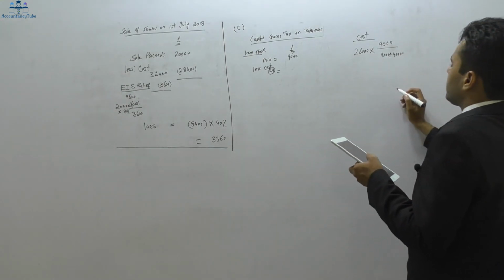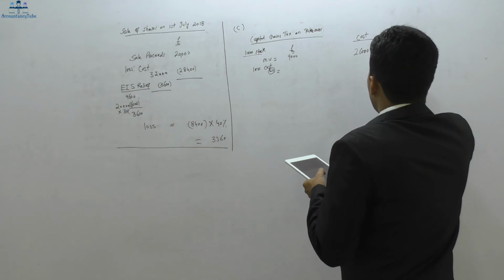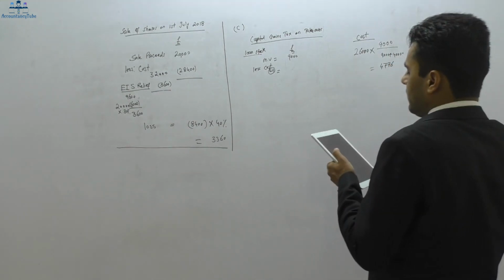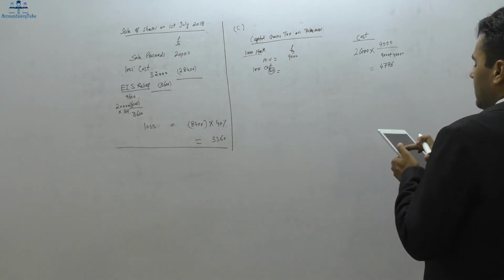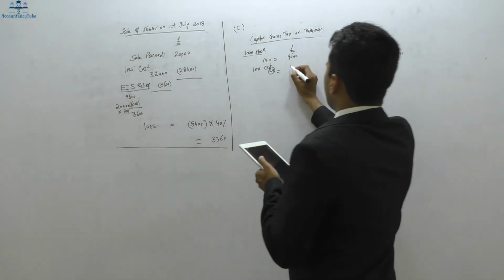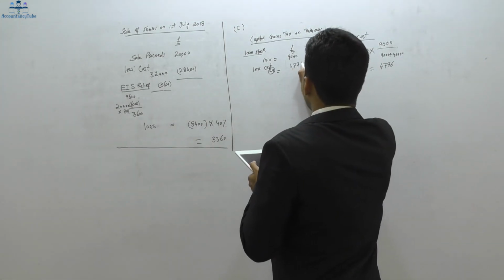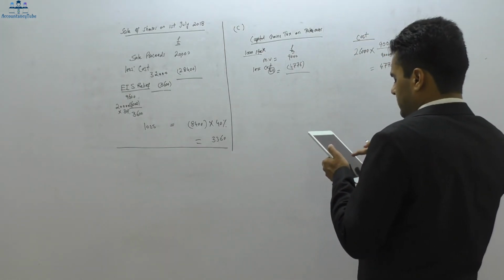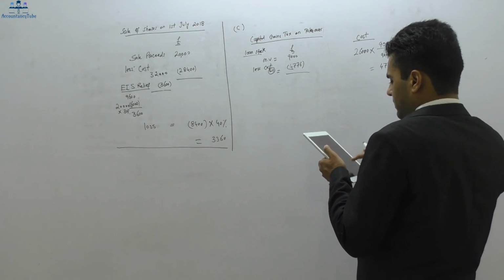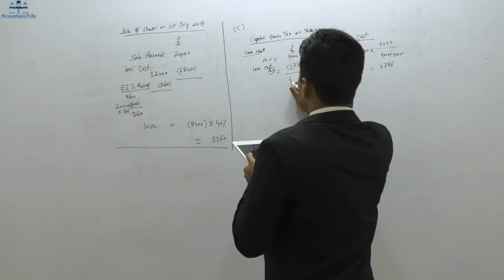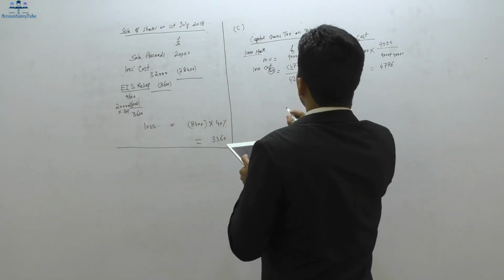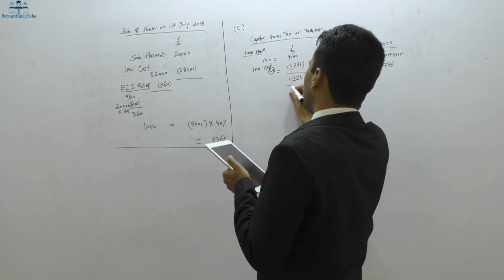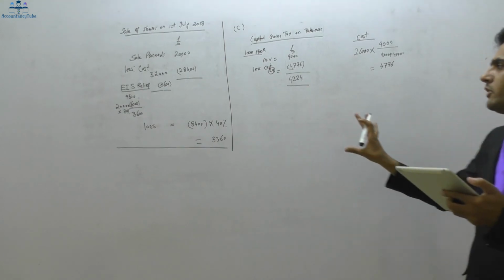So £26,000 times 9,000 over £49,000. That is 4,776. And if we deduct 4,776 out of this, 4,776 less £9,000, that is 4,224. So that is the capital gain on the loan stock, right? That is the capital gain on the loan stock.